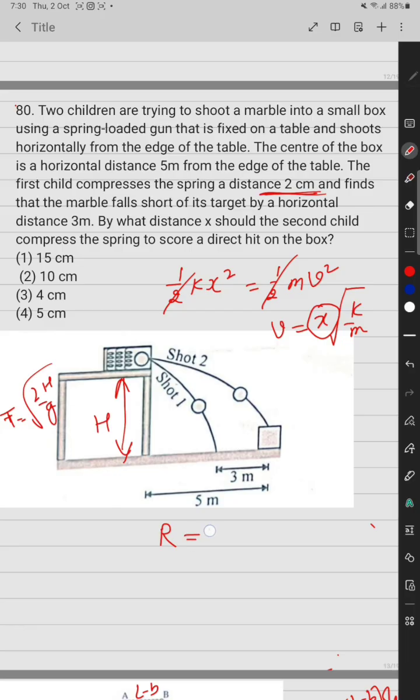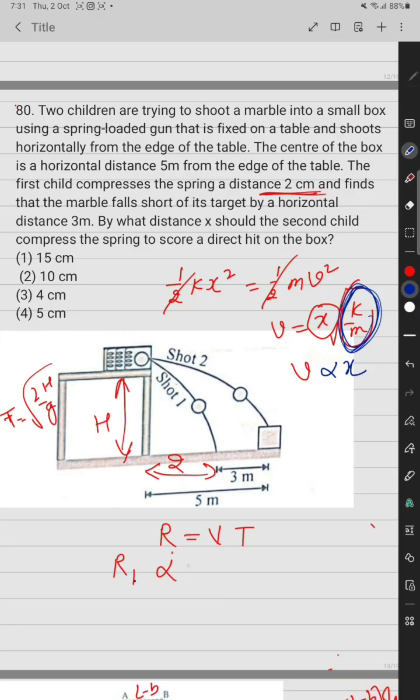Then range equals velocity into time of flight. Time of flight in both cases is the same. In the first situation, the range equals 2 meter, and the range is proportional to the velocity, and the velocity is also proportional to root k by m. The k by m is the same in both situations, and the velocity is proportional to the compression of the spring.